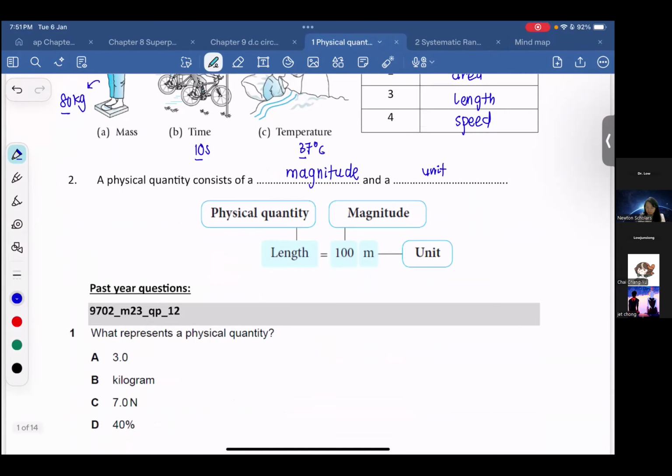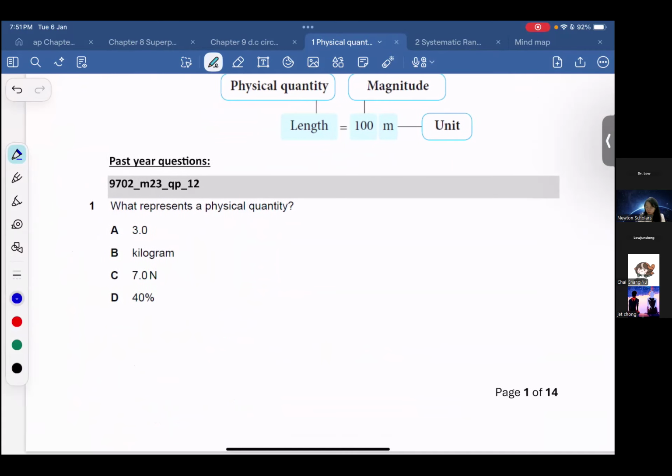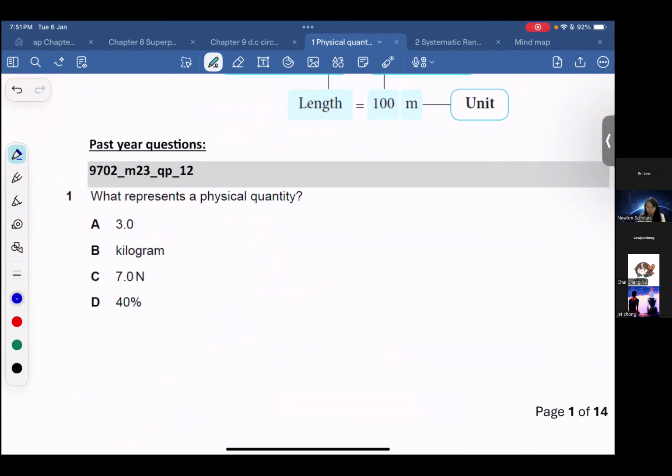Okay, we look at example number 1. This is 2023. What represents a physical quantity? First one, A, is magnitude only. So it doesn't have any unit. This is the unit. This is magnitude plus unit.